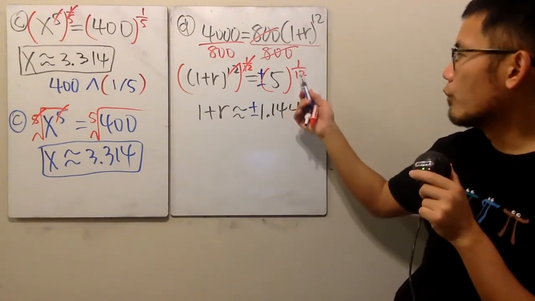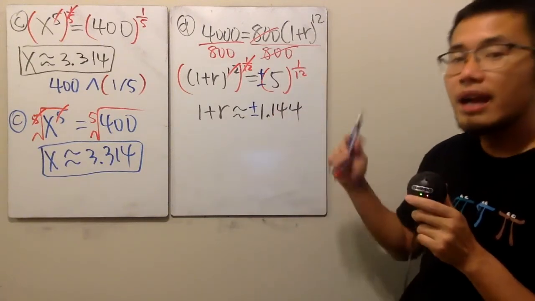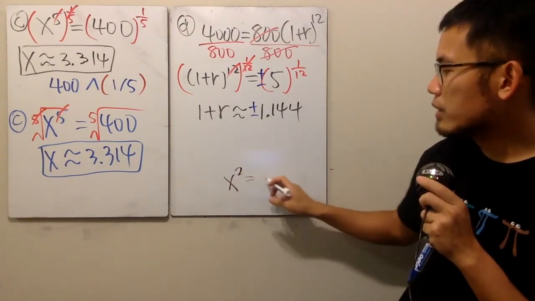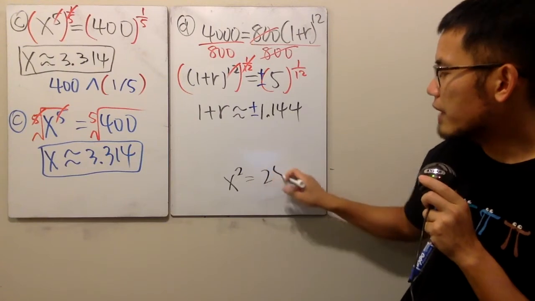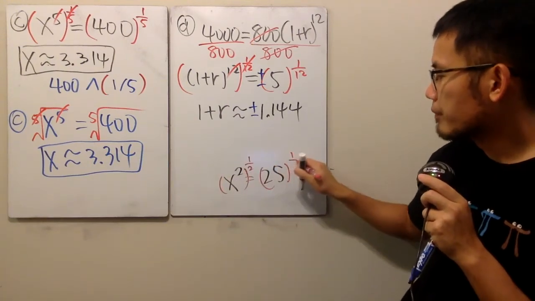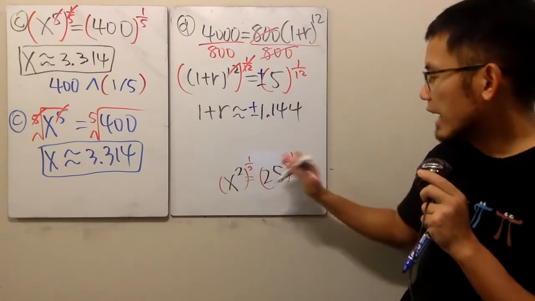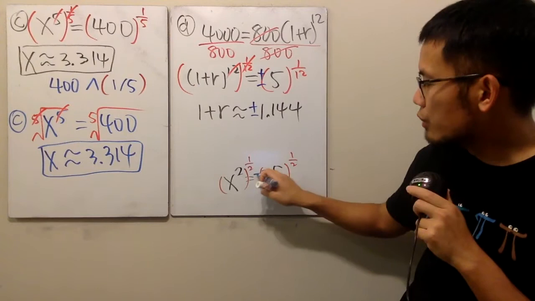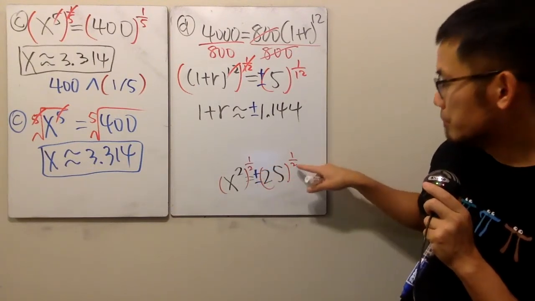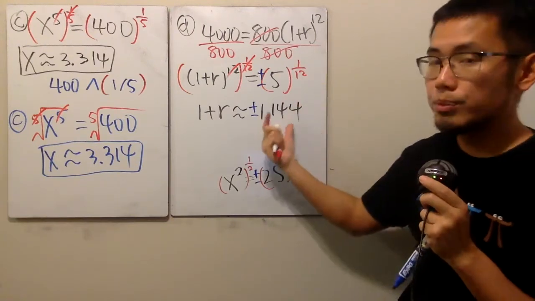But here, 1 over 12. 12 is even, so you have to do that. And the reason is very similar to if you have x squared equals, let's say, 25. You raise both sides to the 1/2 power, which is the same as taking the square root on both sides. After you do that, be sure you do the plus minus, because again, it's a square root. 2 is even, right? Just like the 12 right here is even.